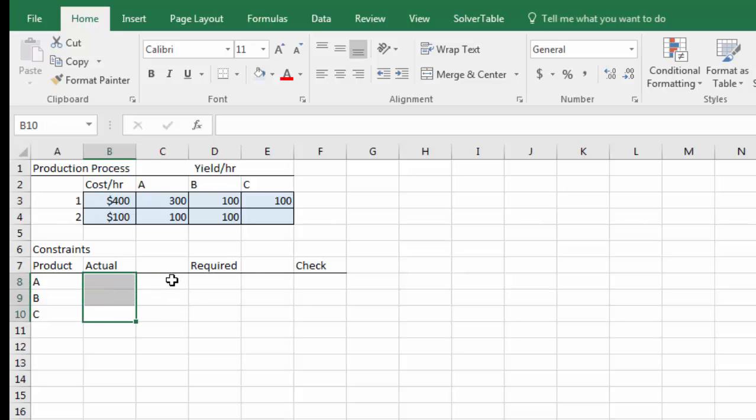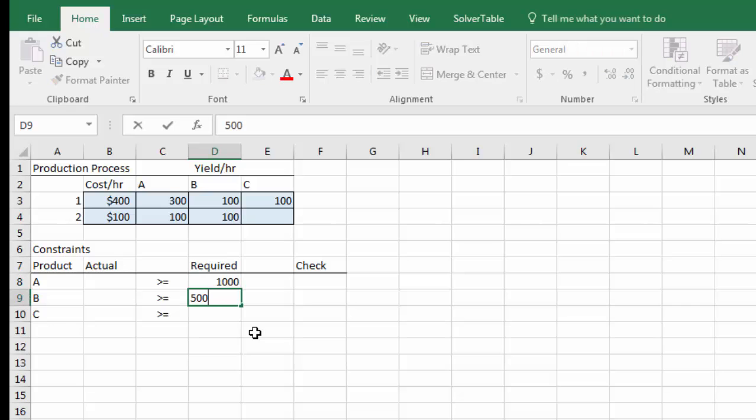The constraint, of course, is going to be greater than or equal to, and we know we're going to fill that all the way down. We know the requirements, that's given in the problem. We needed 1,000 of A per day, we needed 500 units of B per day, and 300 units of C. Whoops, 300, not 3,000. And I left this space blank for the designated units, time frame, units per day.